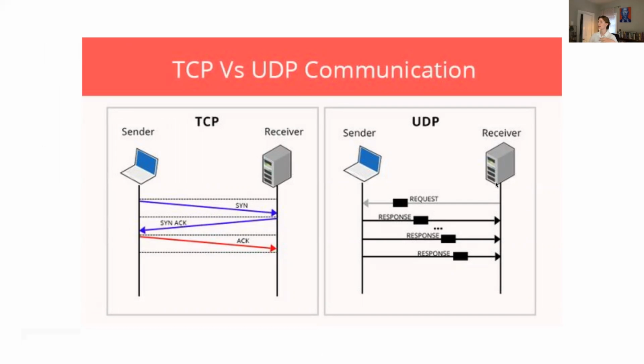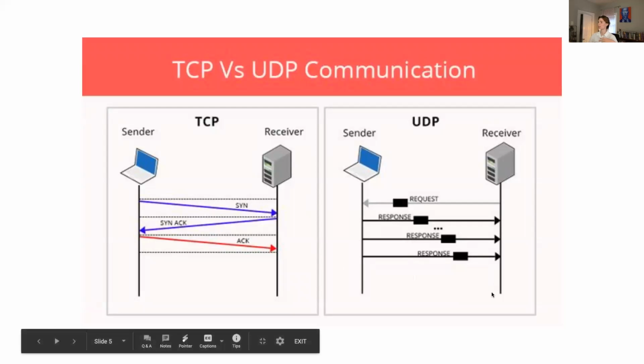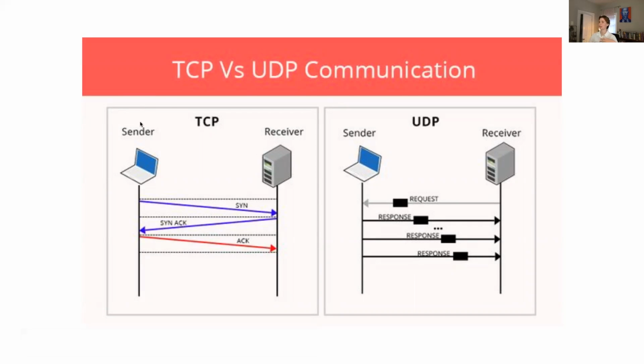Whereas with UDP, the client initiates a request, and then the server just sends a response. Sorry, I was seeing the server and the client as a laptop, but I got the two confused. Yeah, so this is your laptop requesting data, and then this would be the server sending you information. So you would first request for UDP.